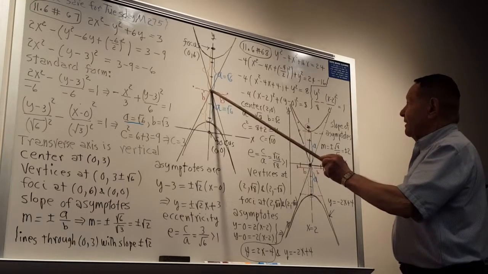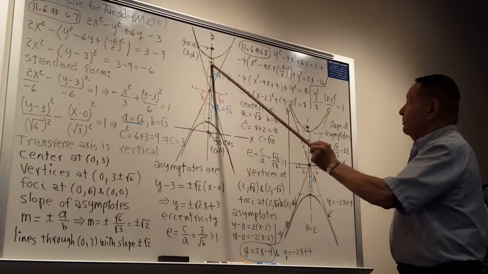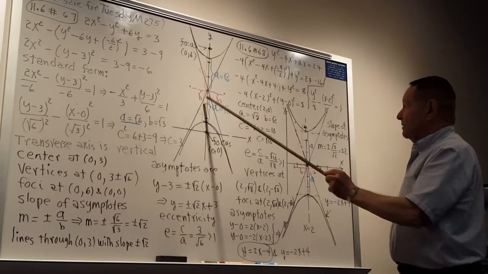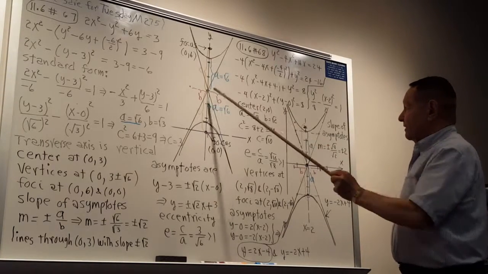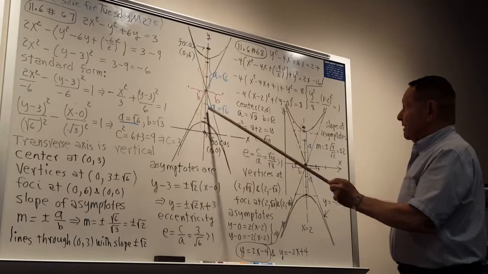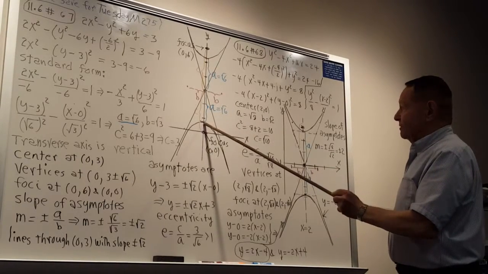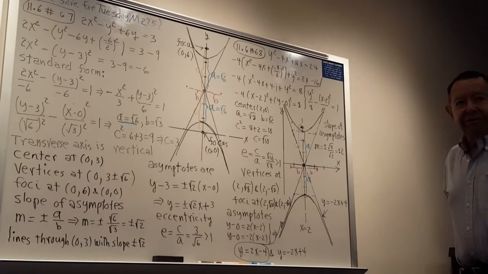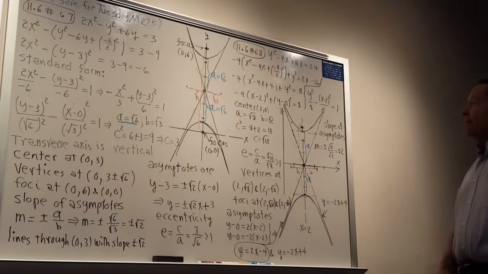So counting here, I go 1, 2, and a little more, up to the vertex, and then down the same way, 1, 2, and some more. And that's not perfectly drawn, of course, but it's the idea.